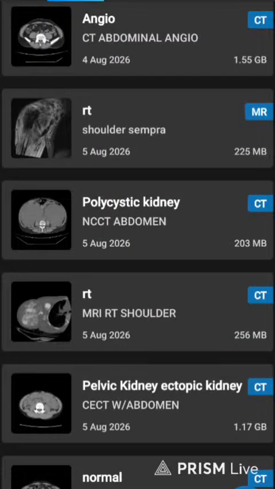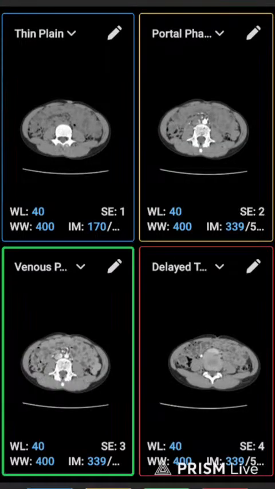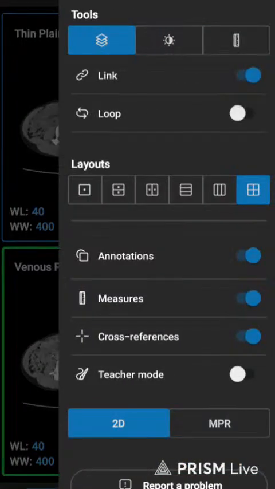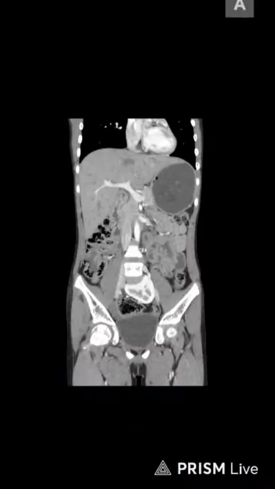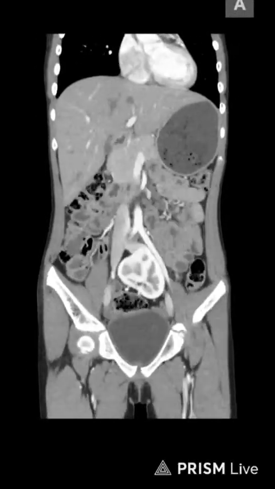So this is a different scenario. Sometimes you find this type of patient, and it's normal. It happens by birth, some type of defect. In coronal it looks like this.